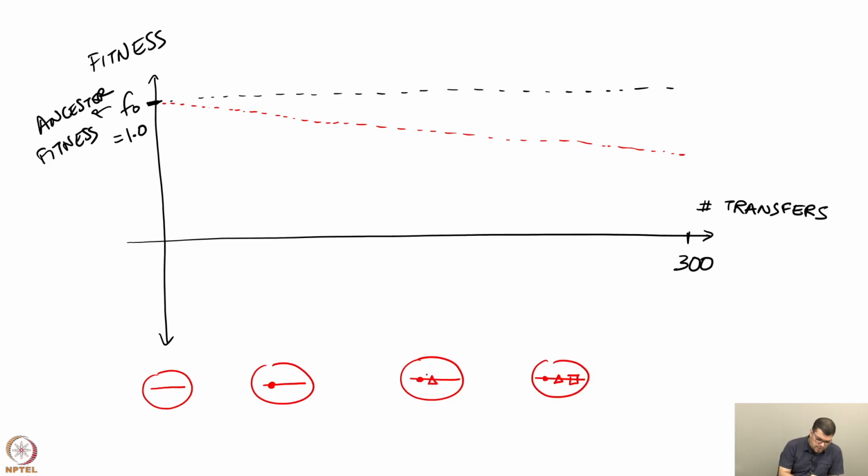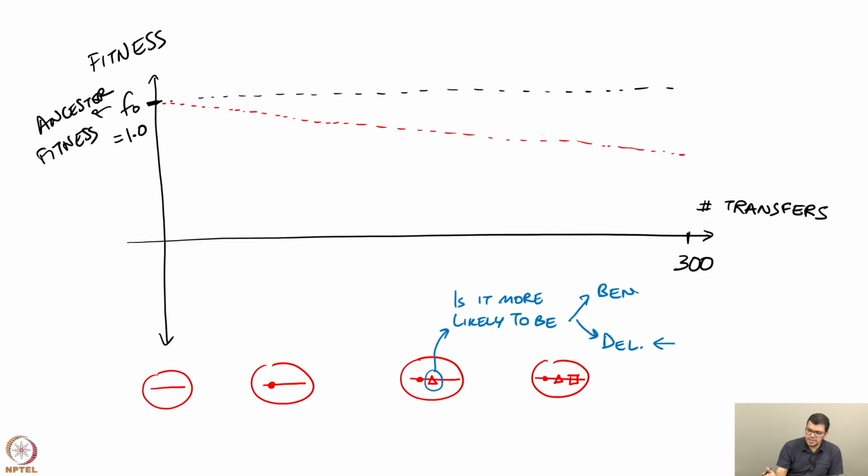Now, given a mutation, what is our null expectation? Given any random mutation, is it more likely to be beneficial or deleterious? I think we all recognize by intuition that deleterious mutations are more likely to occur as compared to beneficial mutations.